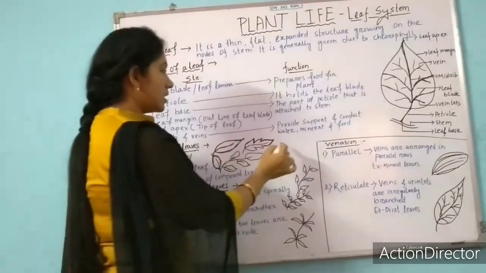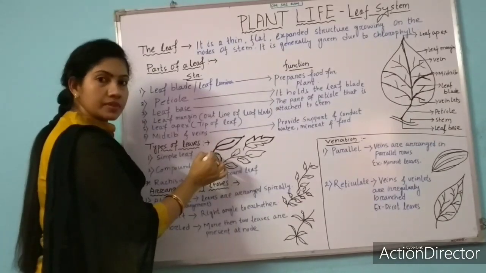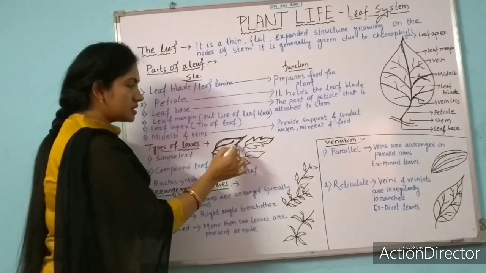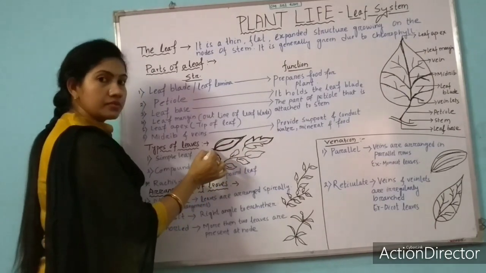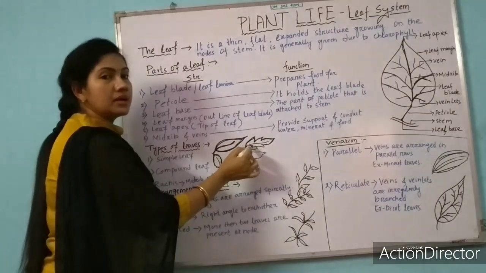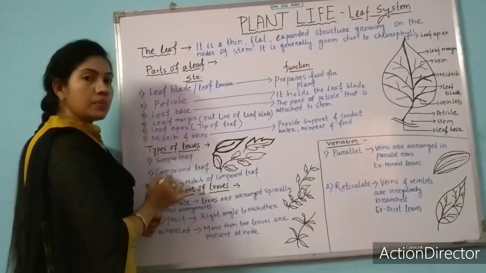Suppose this is the midrib of the leaf, then this is the leaf margin. If the leaf margin is not divided, or if it is divided, it should not touch the midrib. It is called a simple leaf. Now what is a compound leaf?